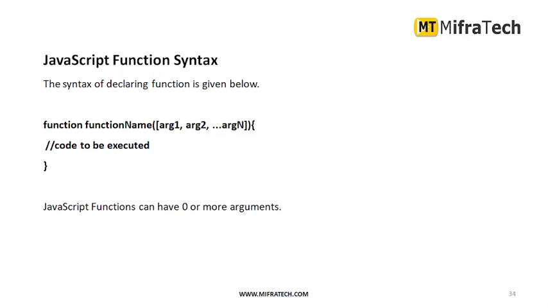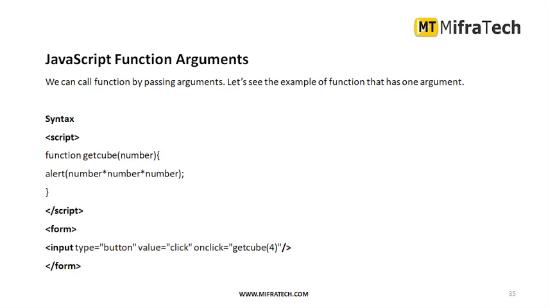JavaScript function syntax: function, function name and arguments. It will work with an array. A JavaScript function can have 0 or more arguments. Function arguments: we can call a function by passing arguments.